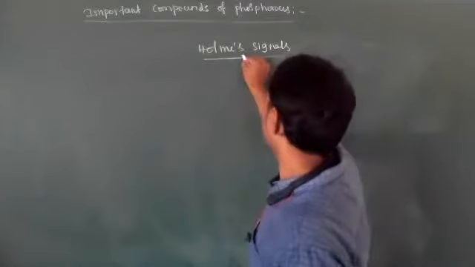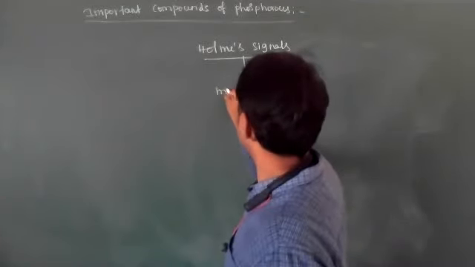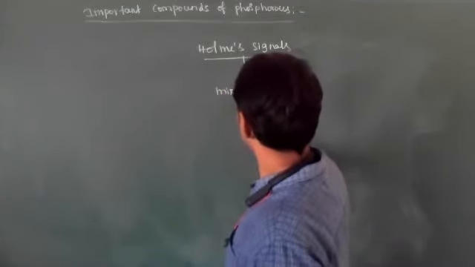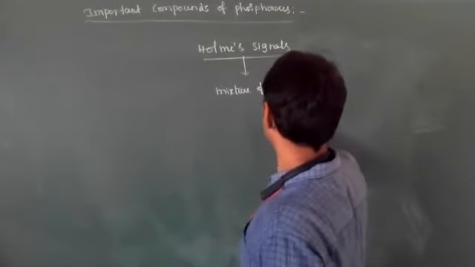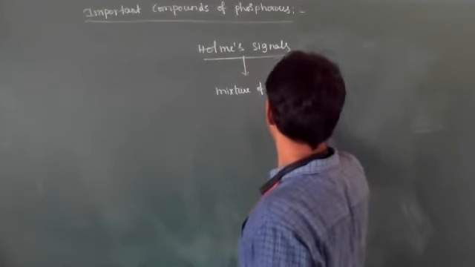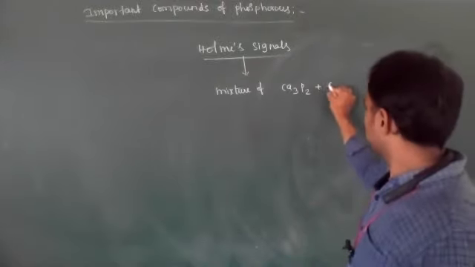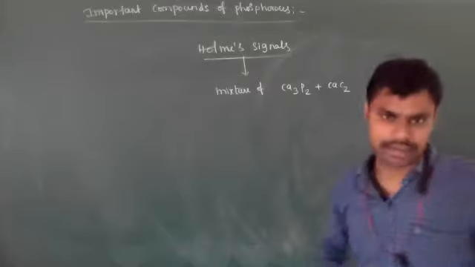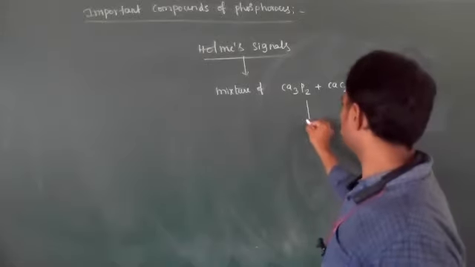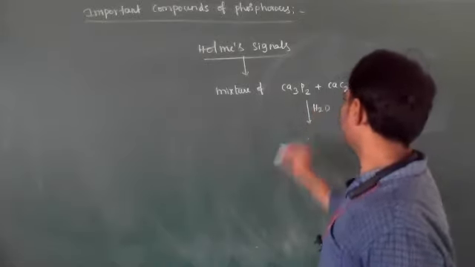In the ocean, the Holmes signal is nothing but a mixture of calcium phosphide Ca3P2 plus calcium carbide. This mixture is thrown into the water, then what happens?